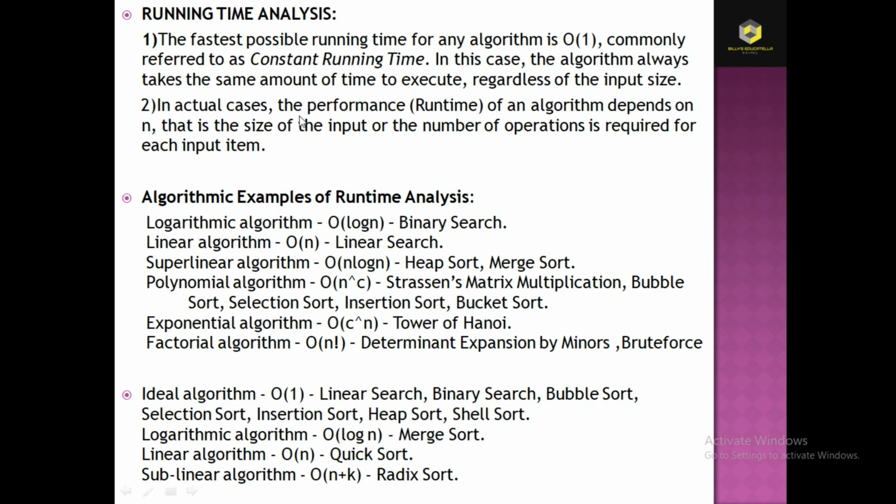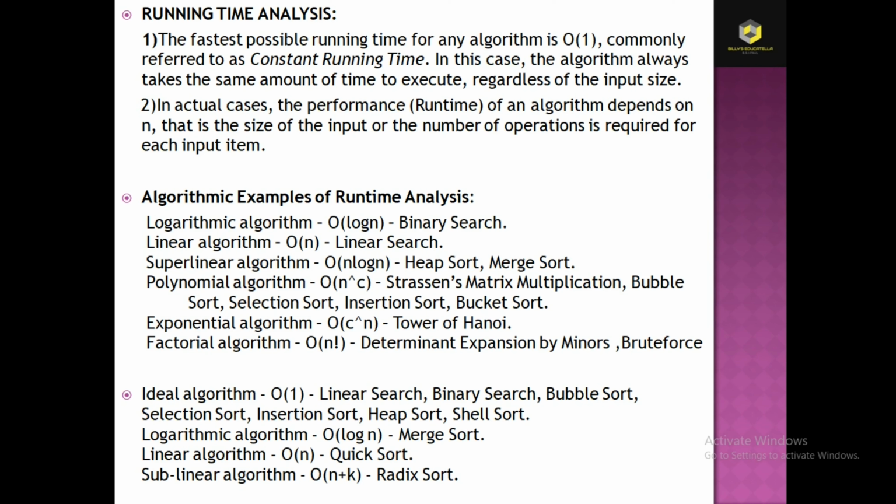And in some cases, the performance of an algorithm depends on the n value. If you take the sum of n numbers, it takes order of n square. That depends on the size of input, or the number of operations required for each input item.